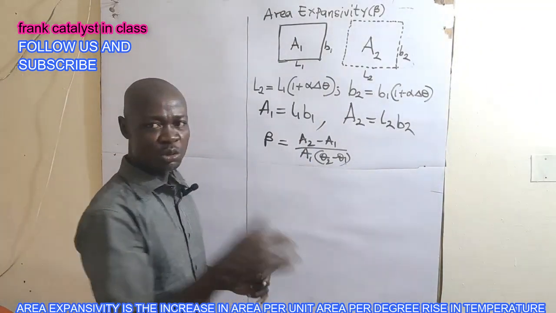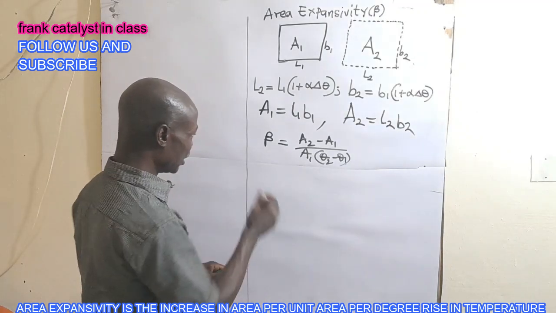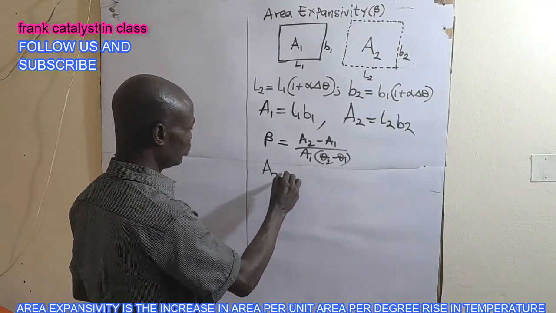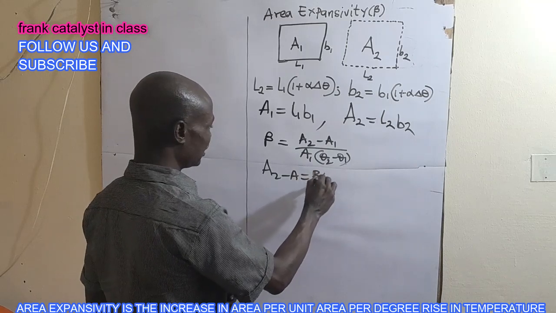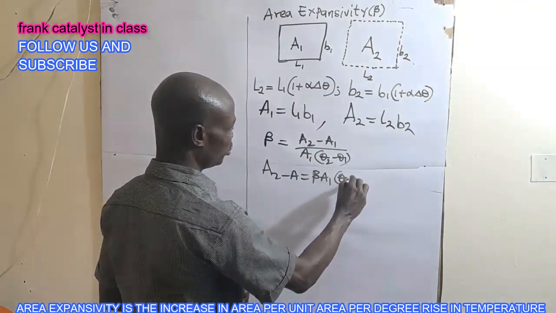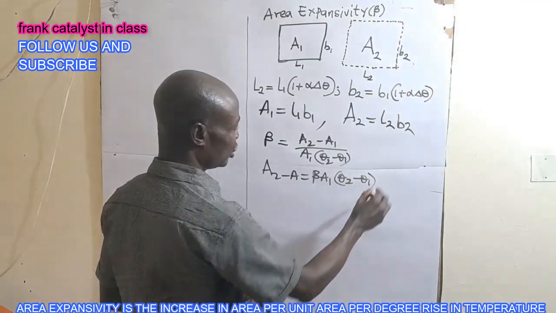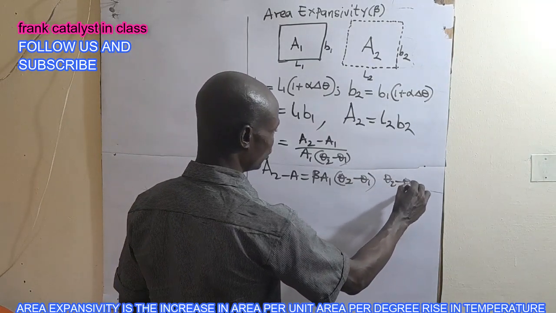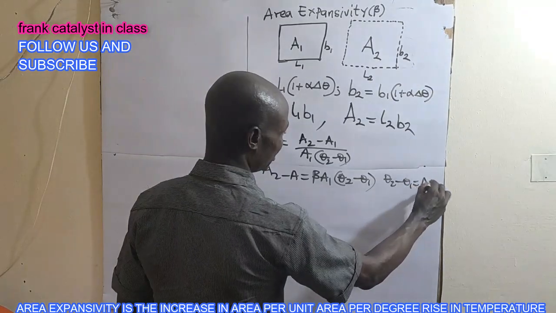If we make A2 the subject, which is what we are looking for, then we'll have that area 2 is equal to beta area 1 bracket theta 2 minus theta 1. So let us say that theta 2 minus theta 1 is equal to change in theta.